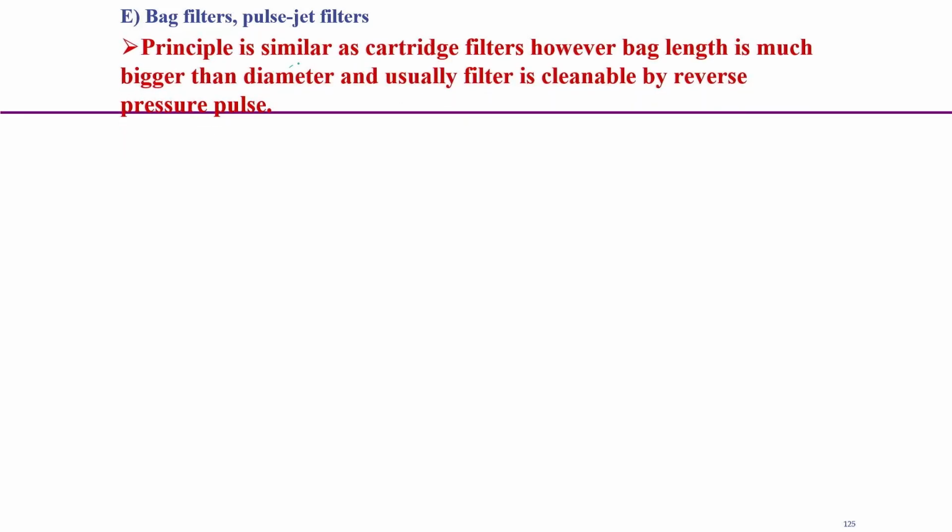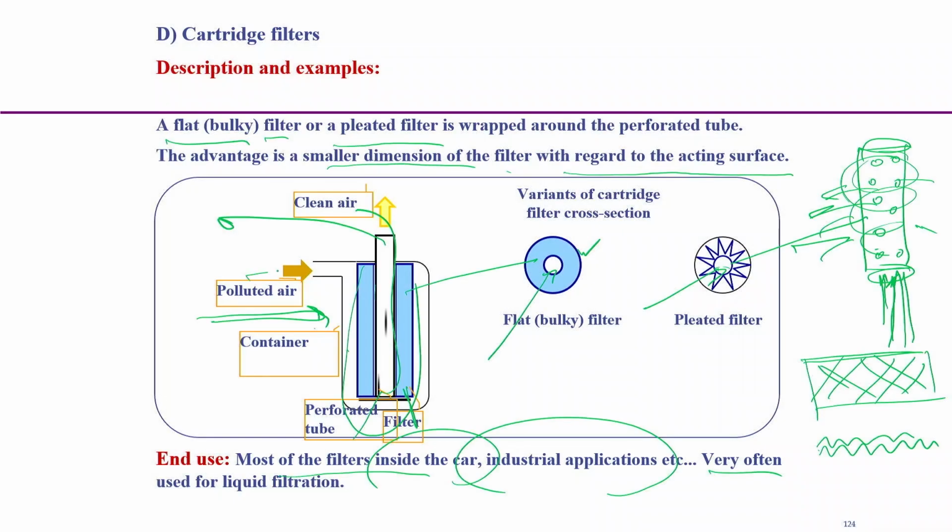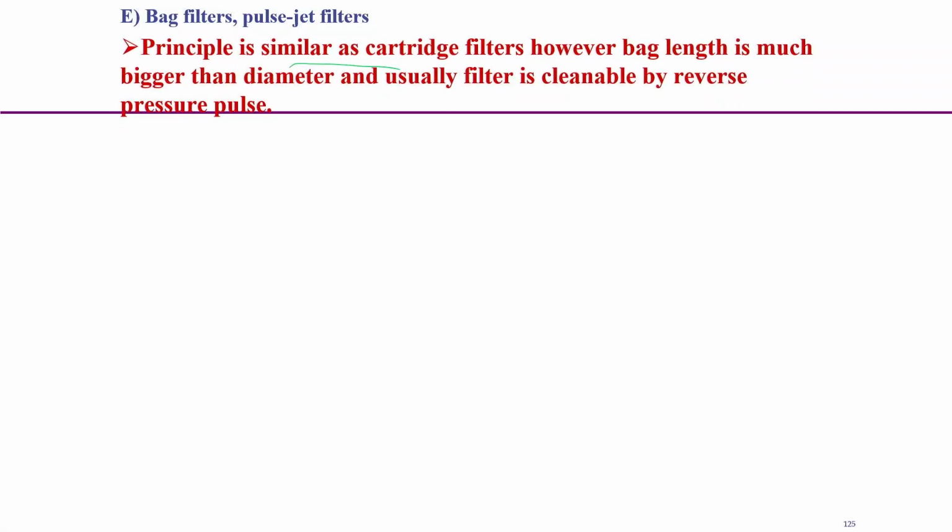The principle here is similar to the cartridge filter, where the polluted air will come through and enter through the surface, and in the bag filter the filter fabric, a flat filter, will form a bag type filter which is fitted on the frame. We have already discussed this bag filter earlier also.